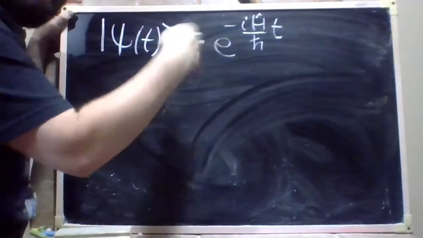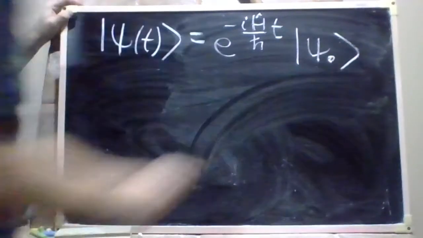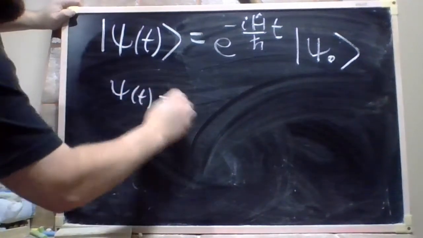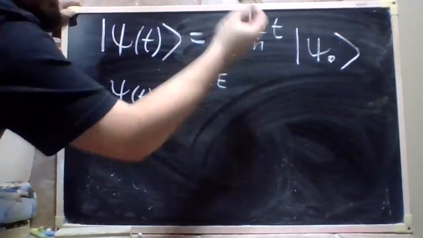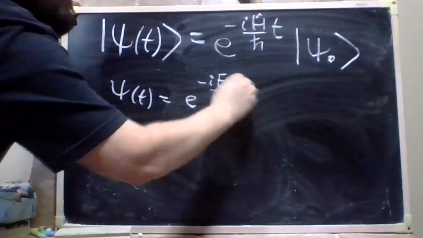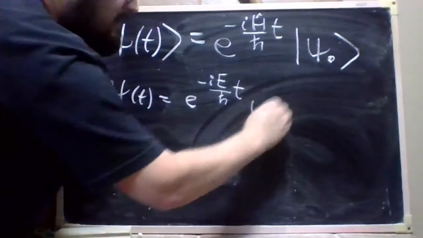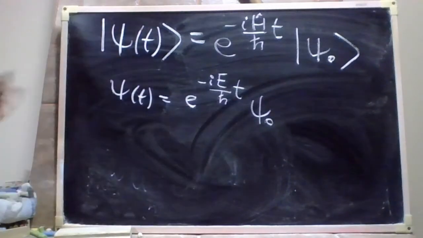Remember, rotation of a complex number. By analogy, psi of t is equal to exponential of minus i, a single energy divided by h bar, multiplied by t, it is just a frequency, multiplying the initial state, the initial position in the complex plane.